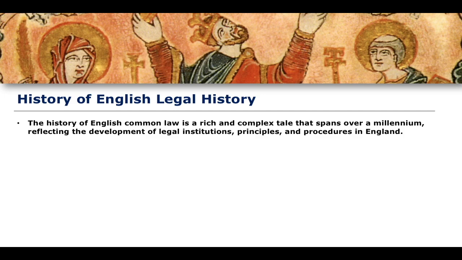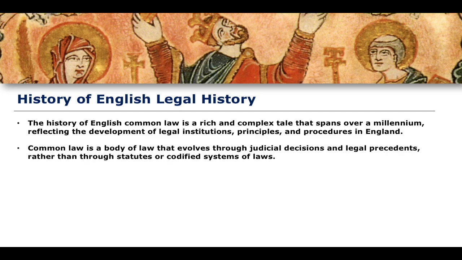But its procedures and the antecedents of the common law can date as far back as the Roman traditions of the Roman law, when the Romans had taken control of Britain. So we are really talking about quite a long development in terms of its history.